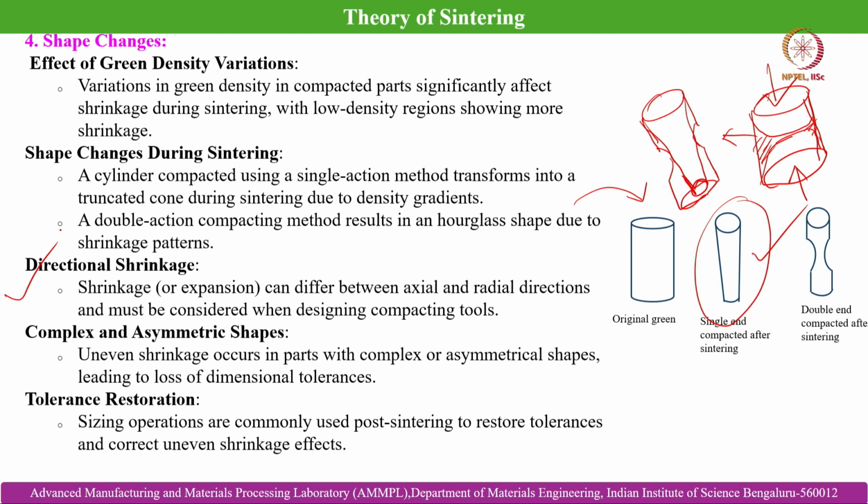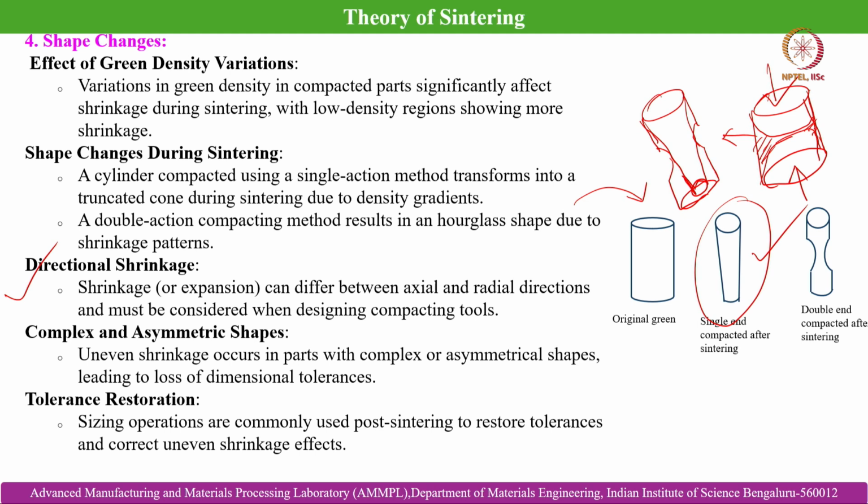That is why we often may not be able to apply a uniform shrinkage to all the dimensions present in the part to be developed via the powder metallurgy route, and we have to consider directional shrinkage. Moreover, this directional shrinkage also varies with the particular powder metallurgy route considered.